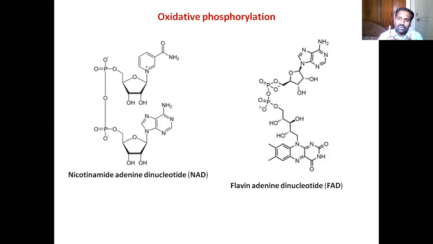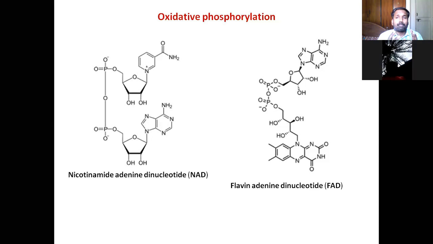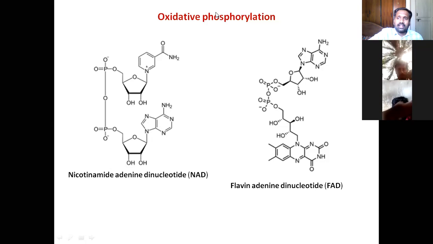It is simply the transfer of a phosphate group from some other molecule, or in the form of inorganic phosphate, to ADP. Inorganic phosphate has to join ADP to make ATP. That is not an oxidation reaction. It is basically a condensation reaction. Whereas in oxidative phosphorylation, the word oxidative indicates something drastically different is happening here. So what is that different thing which is happening here?